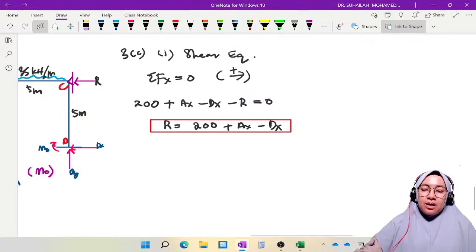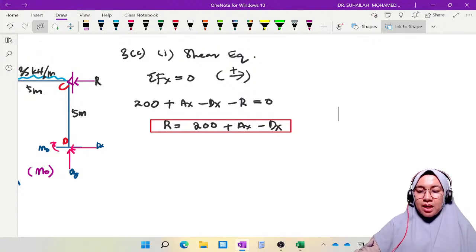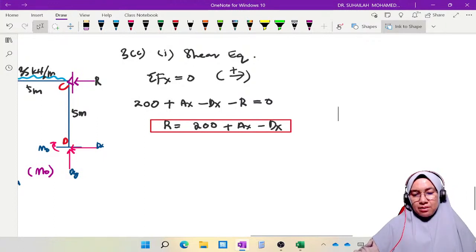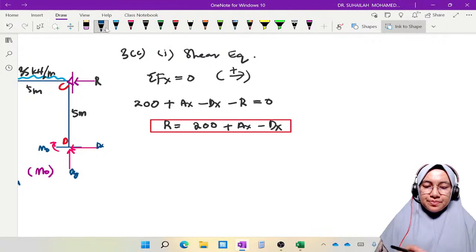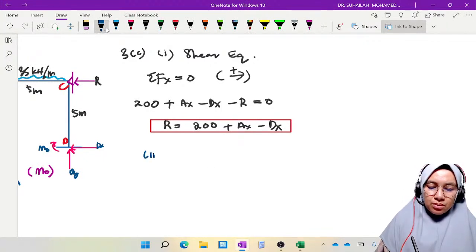In this equation, we have two unknowns: AX and DX. AX and DX can be determined using what we call column analysis, number 2.